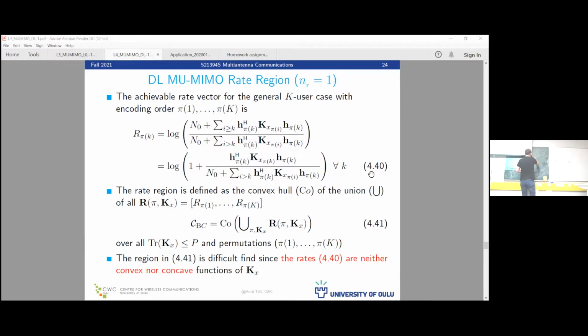What's the downlink? Sorry. Xk is uk times the symbol, this is the transmitted vector for user k.